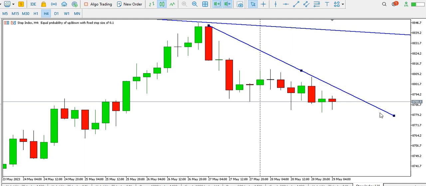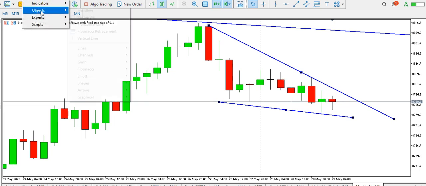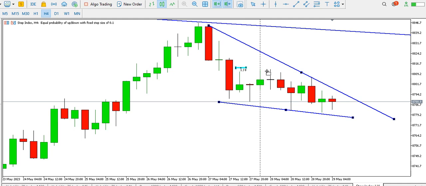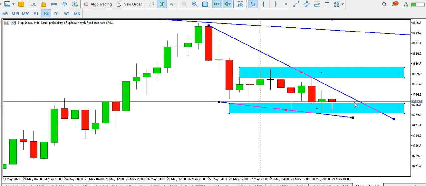We had a test here, and price has been dropping, though price is more like in a range, more like a triangle. So we might want to wait for price to break out of this range. This is our range top, and this is the range bottom.